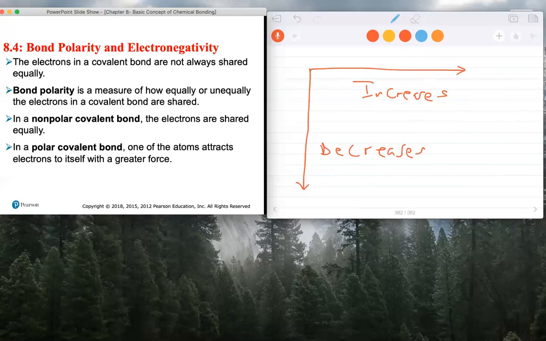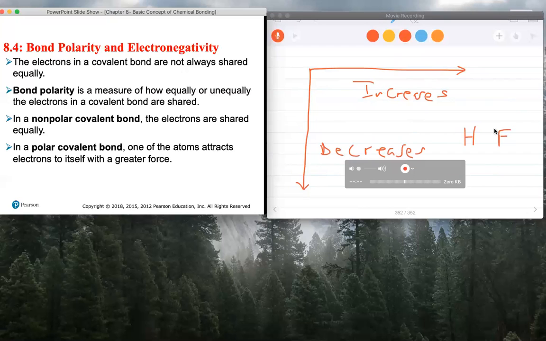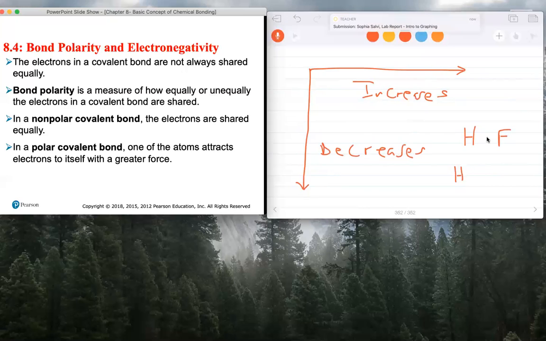When there is unequal sharing of electrons in a covalent bond, for example H and fluorine here, the electrons will spend more time around fluorine because fluorine is more electronegative.